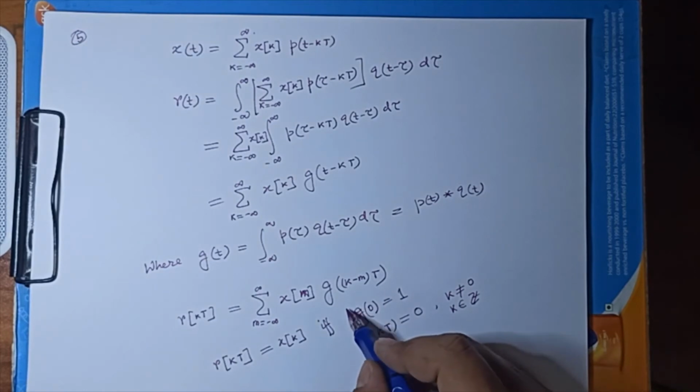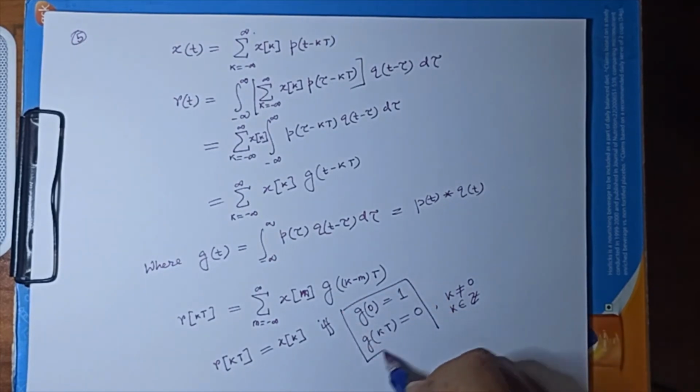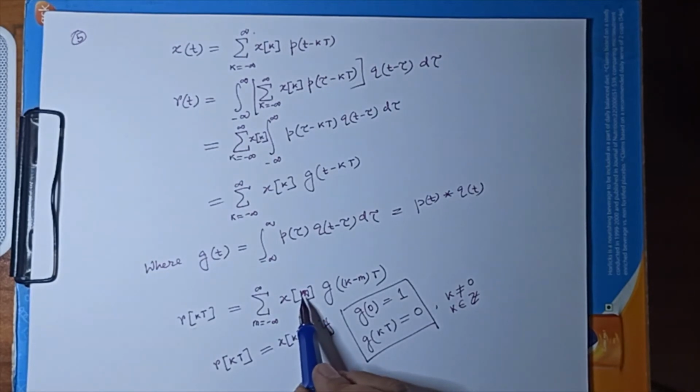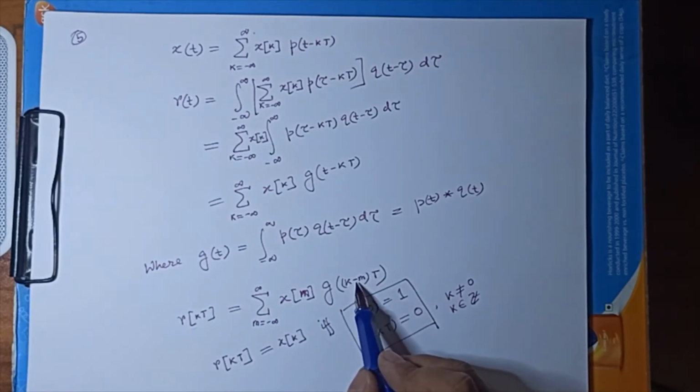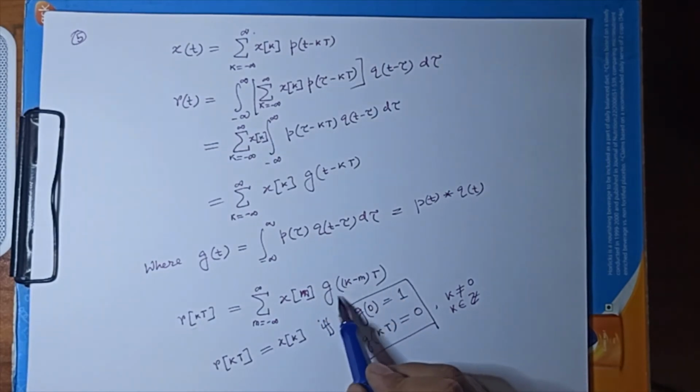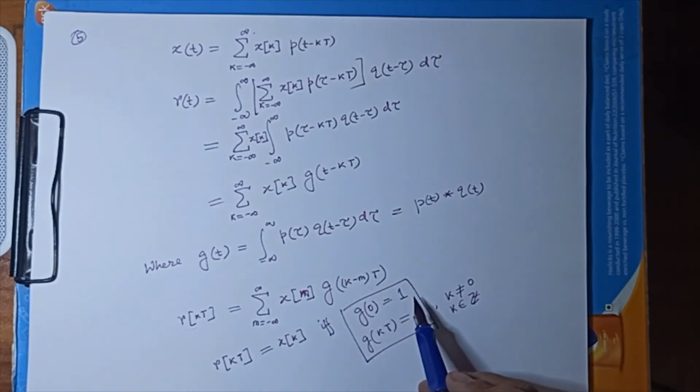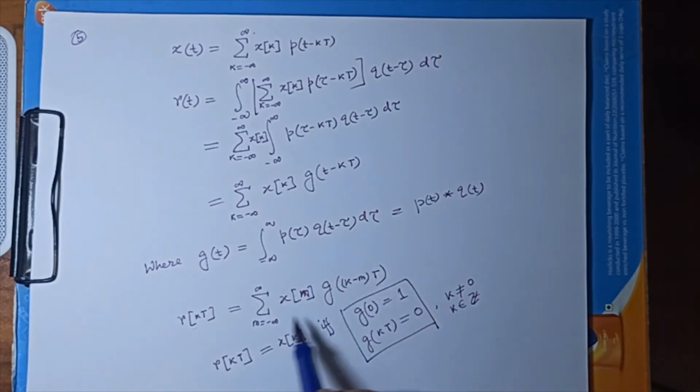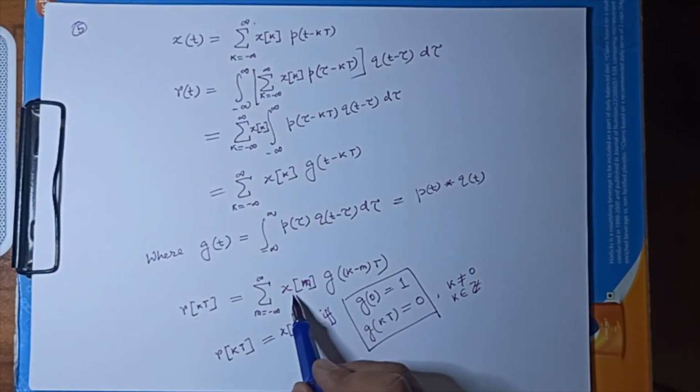If this condition is satisfied, then only you will get r(kT) equal to xk. That xk will come only when m is equal to k and g(0) is 1. This is a discrete sum but infinite. Only that xk value will be chosen if this is satisfied.